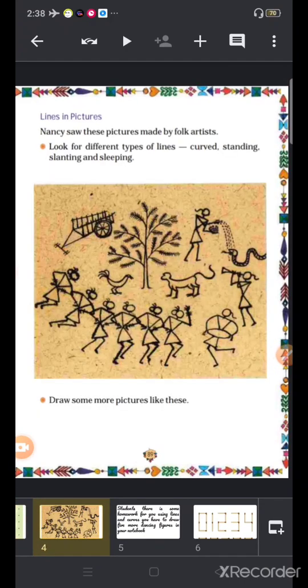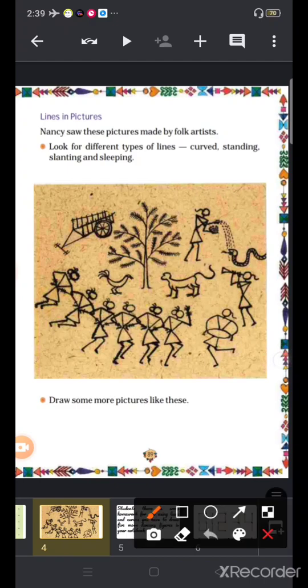Okay, now move on to page number 89. This is page number 89. On this page, what question is given? Nancy saw these pictures made by a folk artist. Here you see some pictures are given.